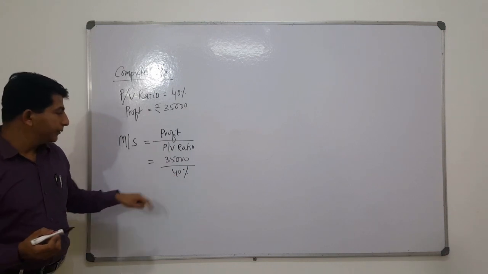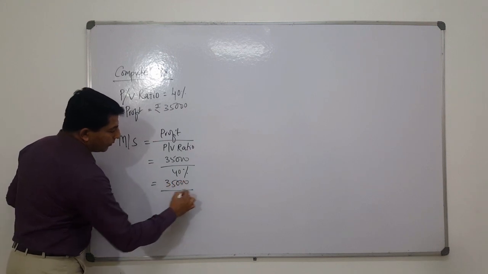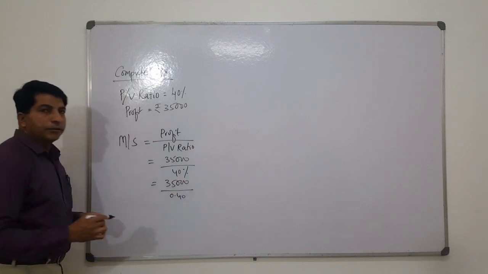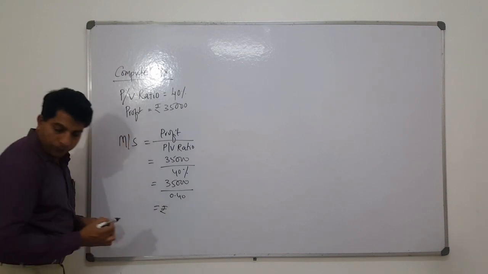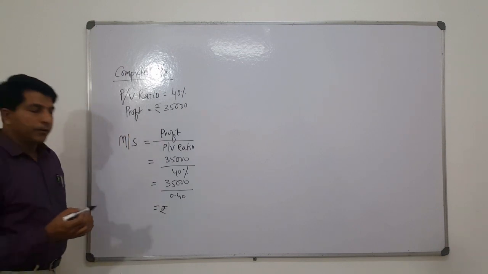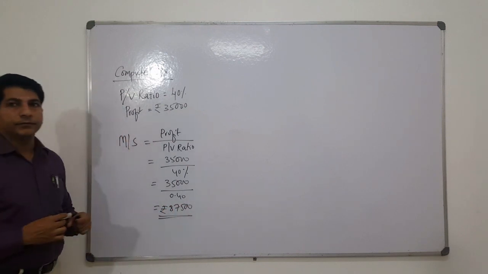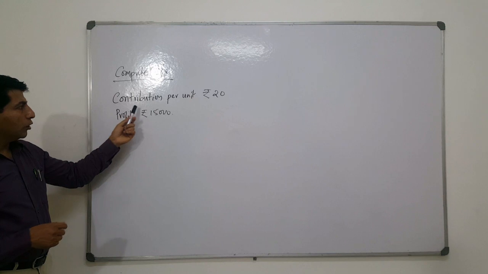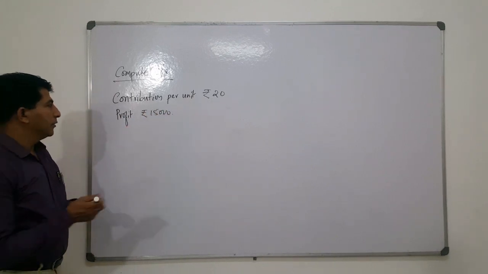So calculate 35,000 by 0.40. So what is the amount? 87,500. In this example, contribution per unit is given, that is 20, and profit 15,000.